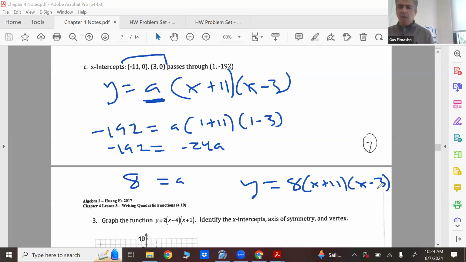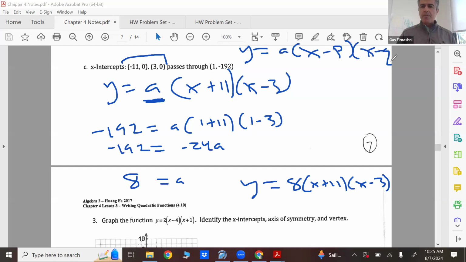So when you're given another point, you plug it in for x and y and solve for a. That's what you want to do. So you plug in the x-intercepts. That's easy. In intercept form, I didn't really talk about this, but it could be thought of as y equals a(x minus p)(x minus q), where p and q are the x-intercepts. You can think of it like that if you want.